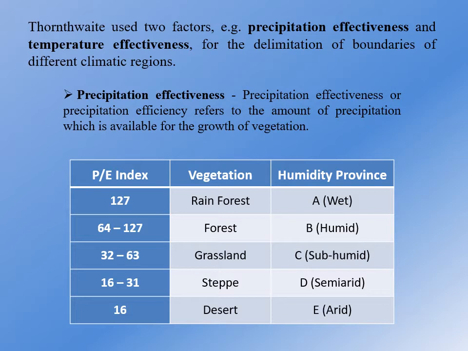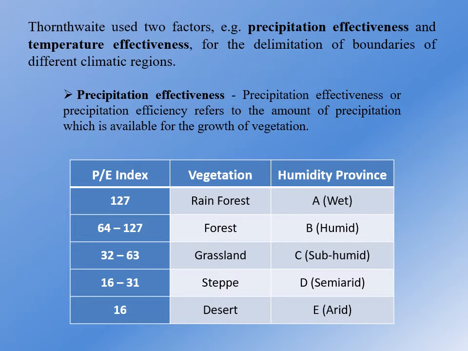So basically Thornthwaite produced an index that could be determined empirically, and this index of Thornthwaite is known as the precipitation evaporation index.